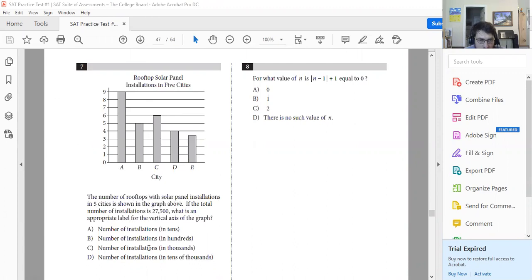It will be number of installations. If we add these together, it looks like 9, 5 is 14, plus 6 is 20, 24, 27.5. So these will be 27,500 installations. So the graph will be in thousands.